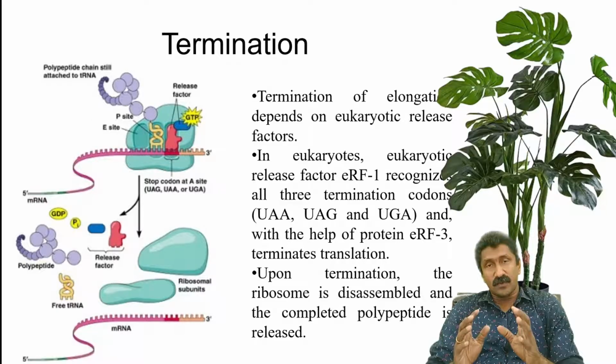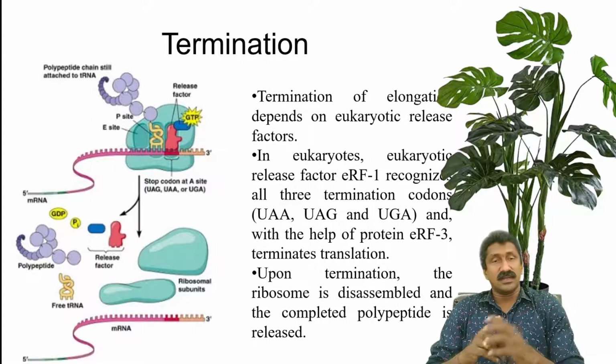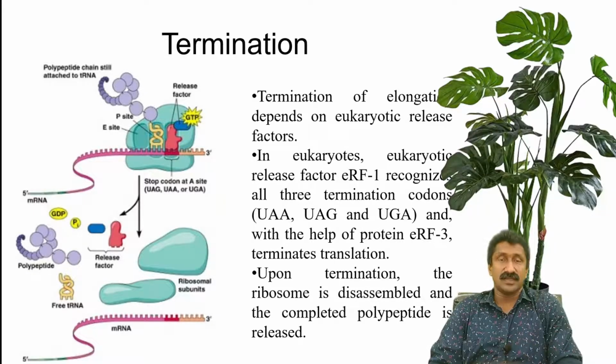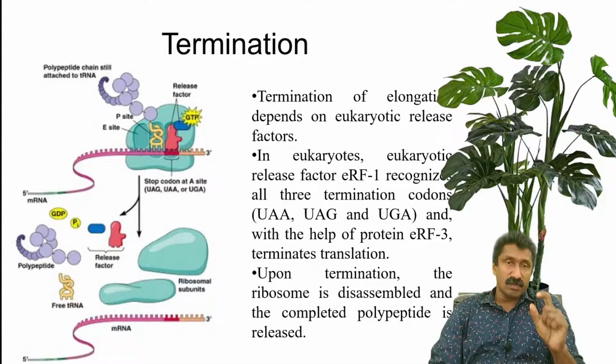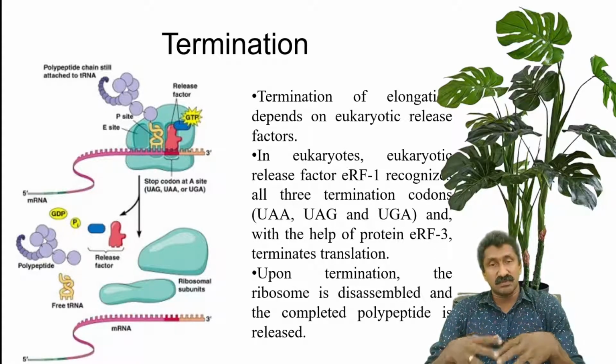And another protein, release factor 3, eRF3, is aiding eRF1. This complex of the two, eRF1 and eRF3, terminates the translation by occupying the termination codons. Upon termination, the ribosome is disassembled or dismantled, and the complete polypeptide is released.